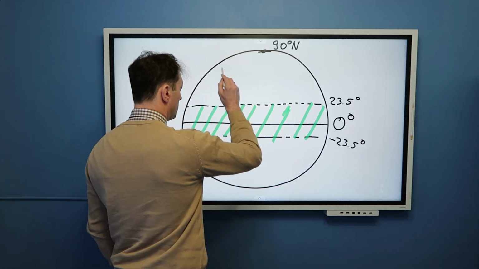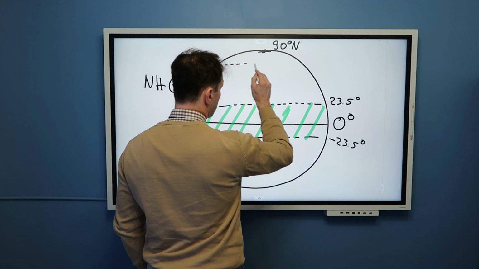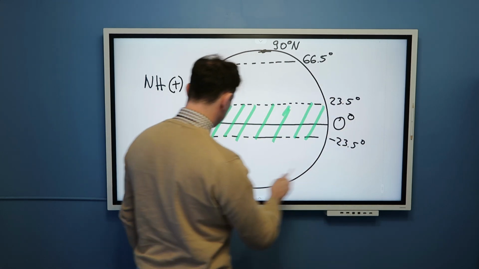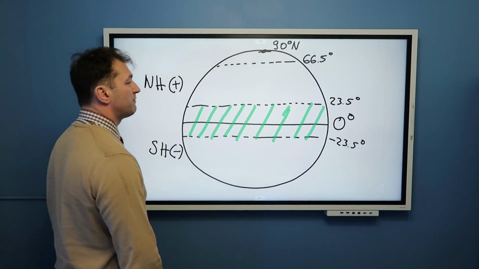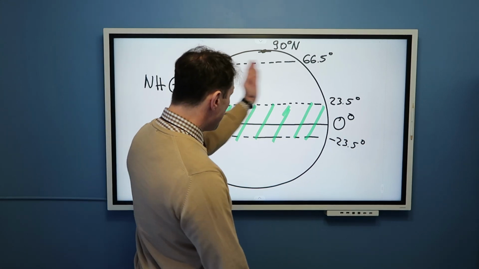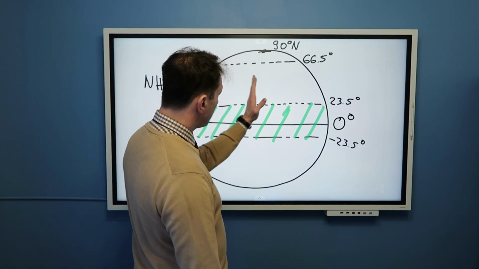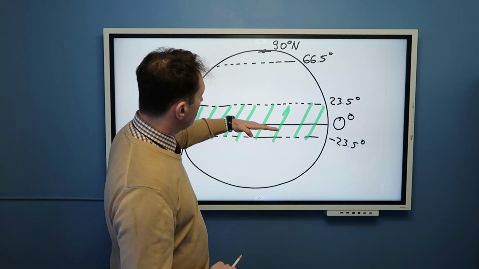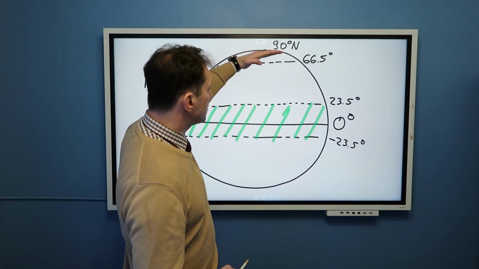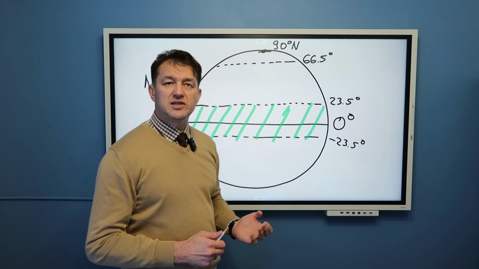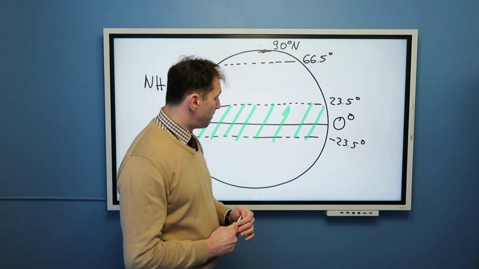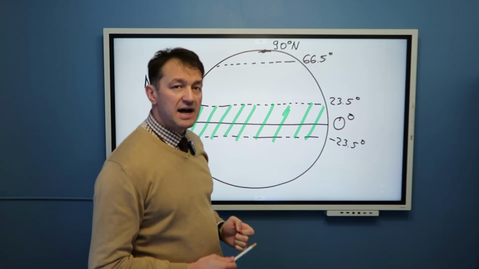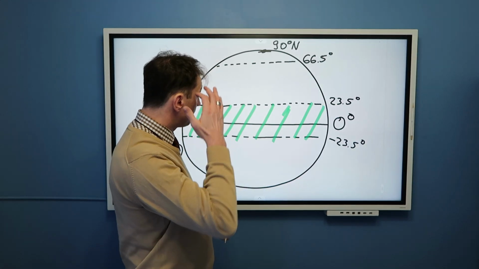Another important latitude is indeed somewhere here at 66.5 degrees north and similarly 66.5 degrees south. Why is this latitude important? Well, again, if we attach ourselves to the summer in the northern hemisphere, then when we have summer in the northern hemisphere, each latitude will receive at least 12 hours of daytime. But the further north we go, the more daytime each latitude has.